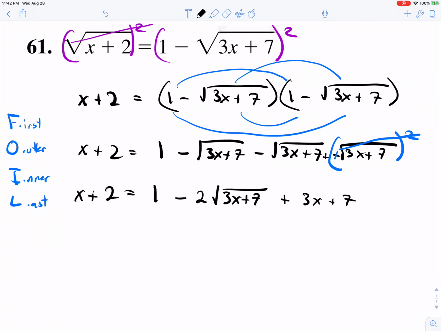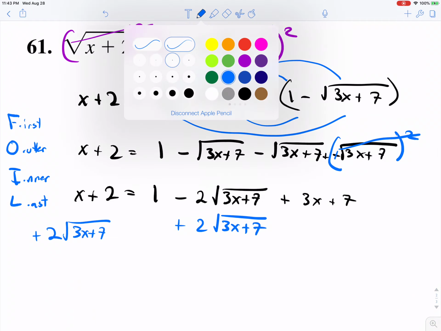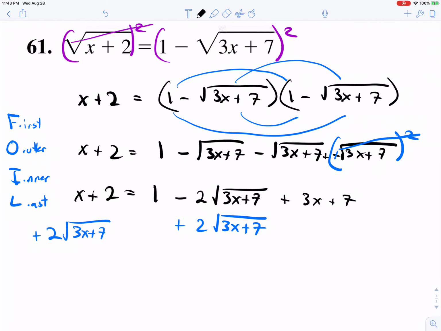Now we want to isolate the radical again. So I'm going to move the radical to the left by adding it to both sides of the equal sign. I'm also going to move everything else to the right hand side, so something plus its opposite goes to 0.